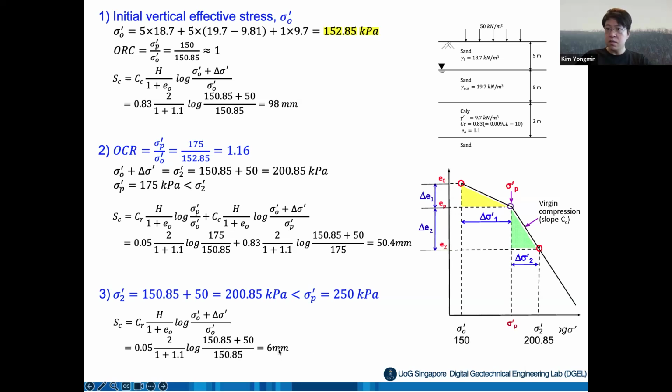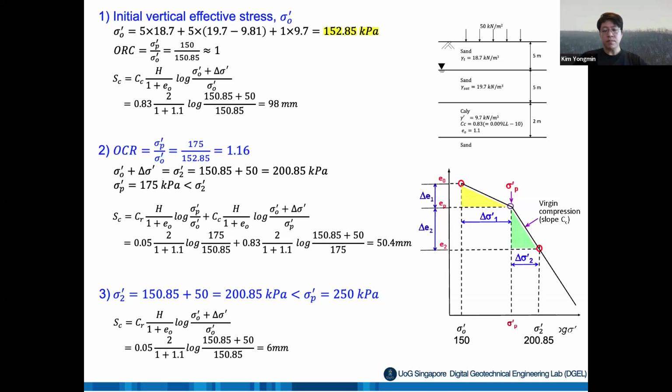Only 6 mm, because your pressure history is quite high. But in the test, your applied load is quite small, so your settlement is quite small. You're strong enough.